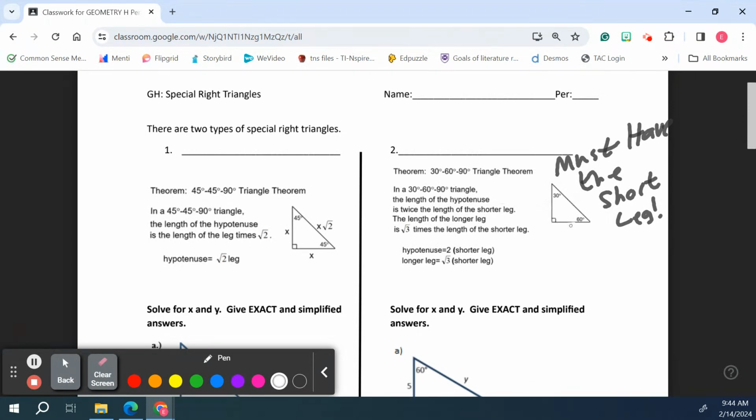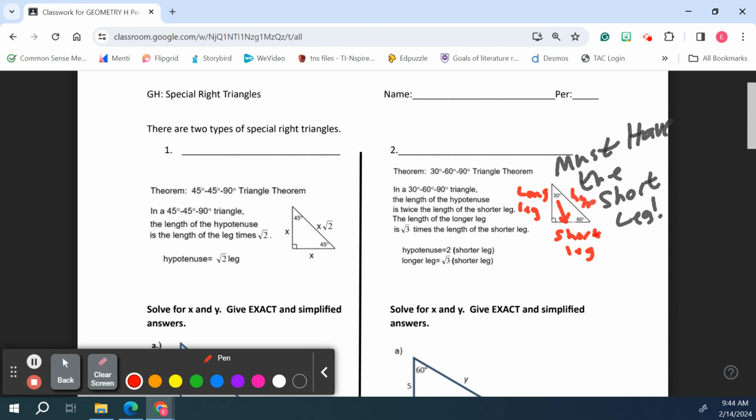That means if you know where the 30-degree angle is, directly across from it is your short leg. Okay? Directly across from the 60 is your long leg. And obviously the hypotenuse is always the largest and across from the 90-degree angle, so here is your hypotenuse.